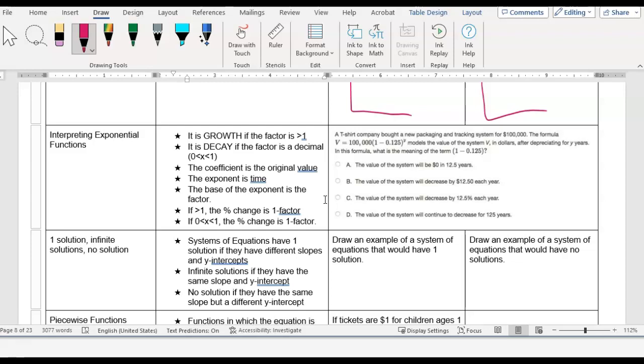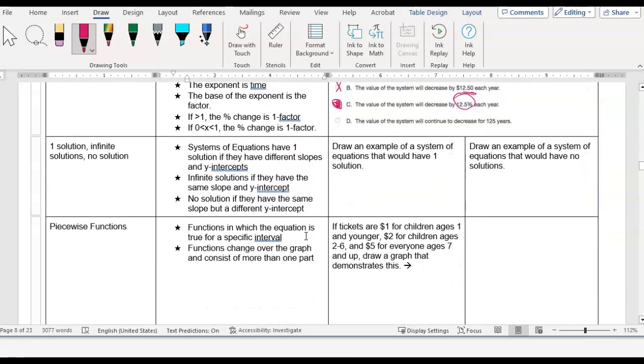So is it the value of the system will be 0 in 12.5 years? No. The value of the system will decrease by 1250 each year? No. The value of the system will decrease by 12.5% each year? Yes. That is our rate, that 12.5, and then we're creating the factor by subtracting from 1.